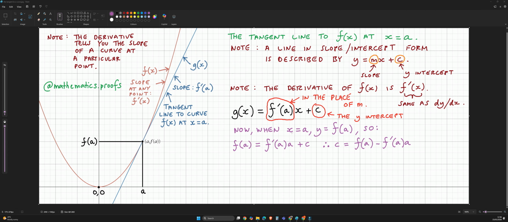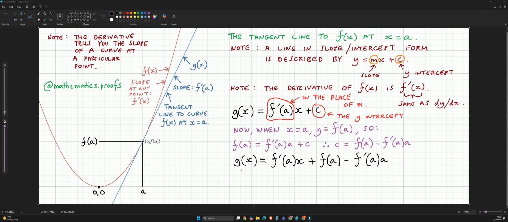Well, when x is equal to a, y is equal to f(a), which means f(a), which replaces g(x), is equal to f'(a) times a, which replaces x, plus c. Therefore c is f(a) minus f'(a) times a.